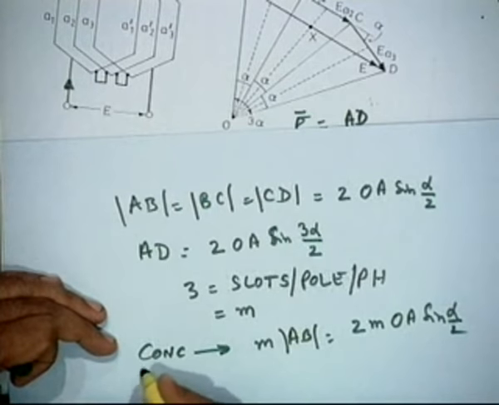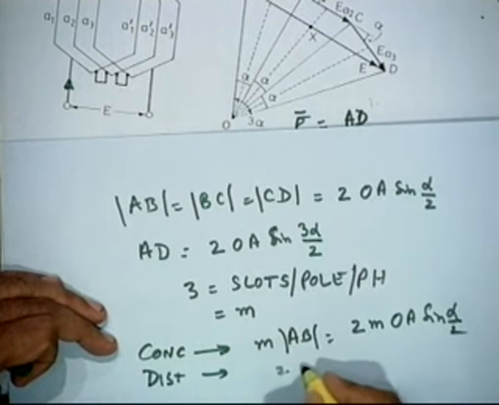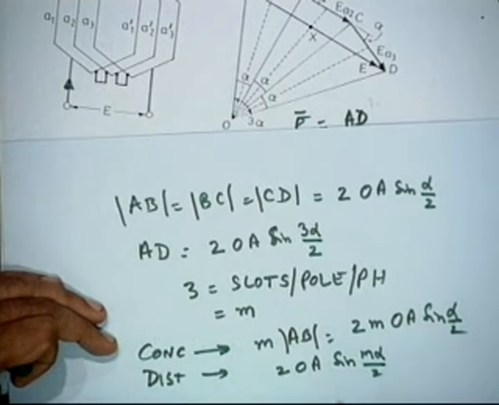Now, if it is distributed, it will be twice OA sin M alpha by 2.